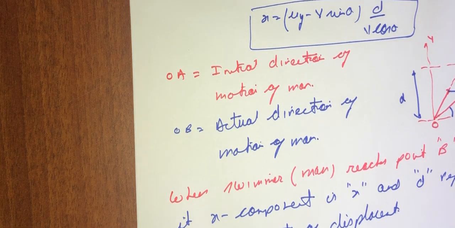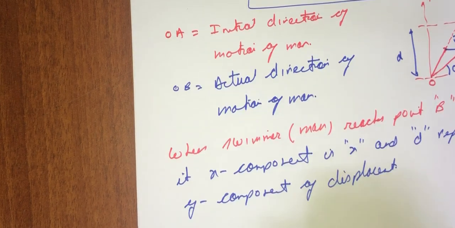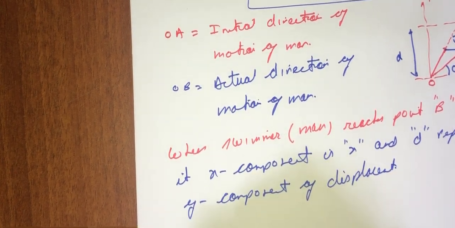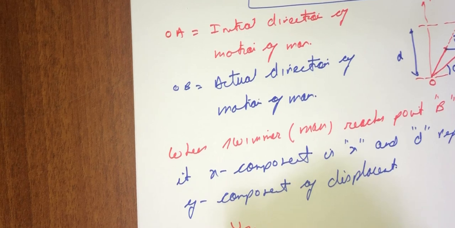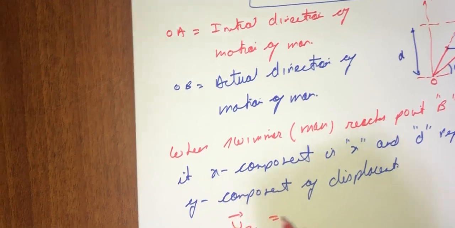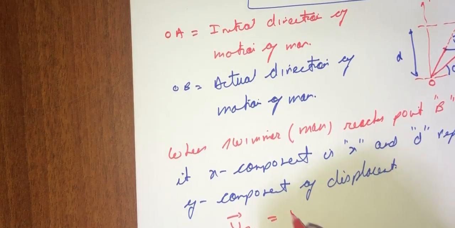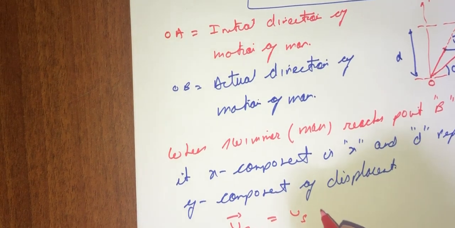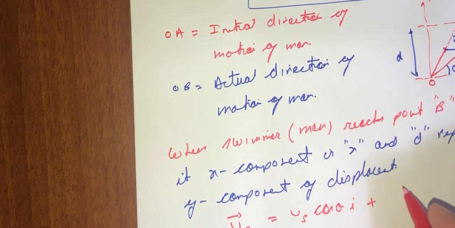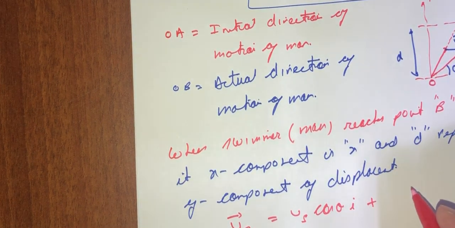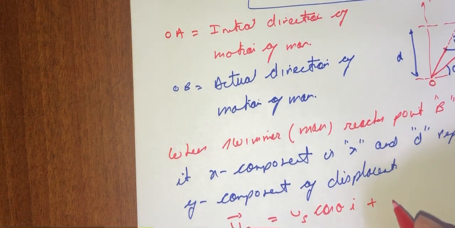So using the coordinate system, we can find out Vs with respect to water, which is given as Vs cos theta i plus Vs sin theta j.